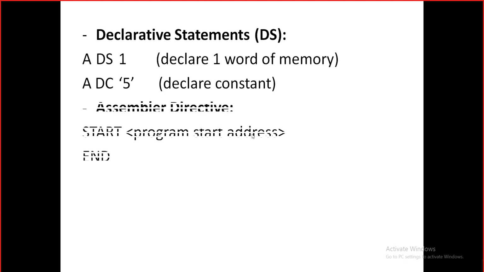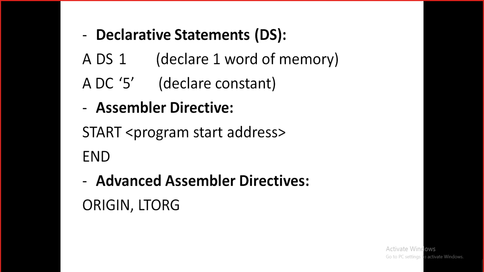The third type of statement is assembler directive. So END and START are the two basic assembler directives, and then we have certain advanced assembler directives like ORIGIN, LTORG, likewise.